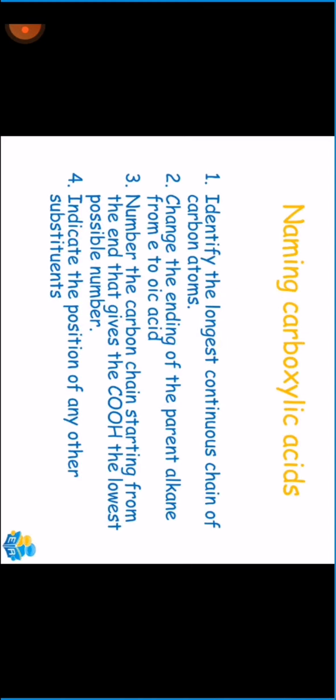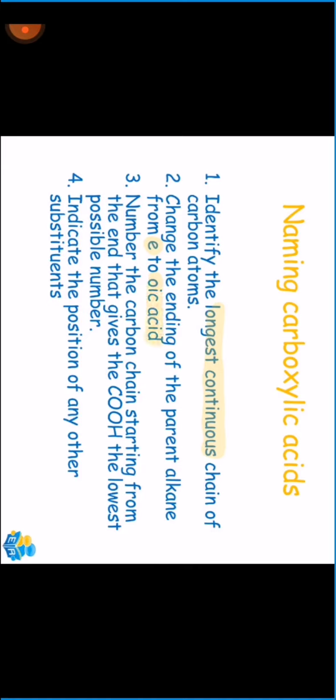So naming carboxylic acids, it's very similar to the naming process that we would have had for aldehydes and ketones. So you identify the longest continuous chain of carbon atoms. You change the ending from e to oic acid.